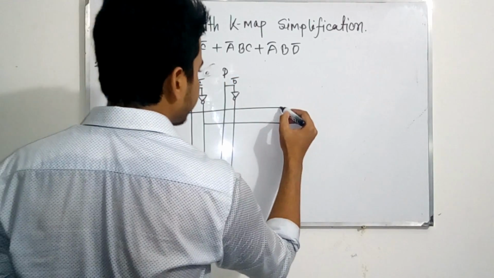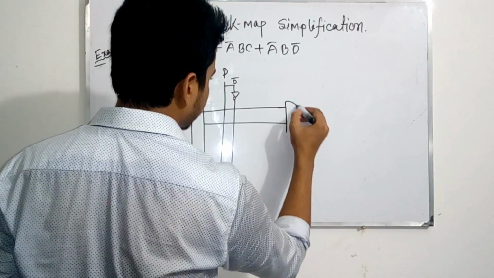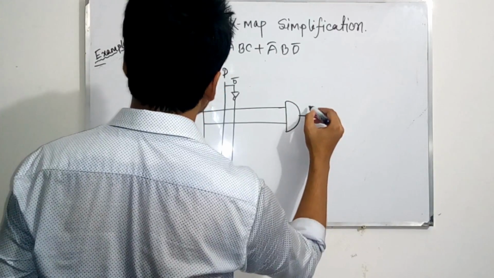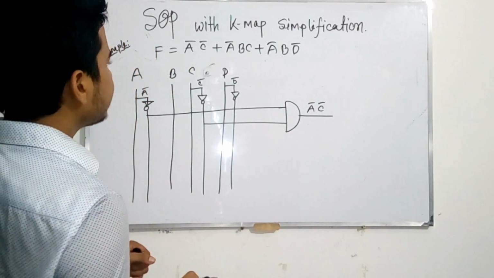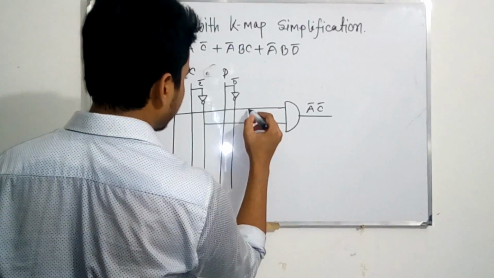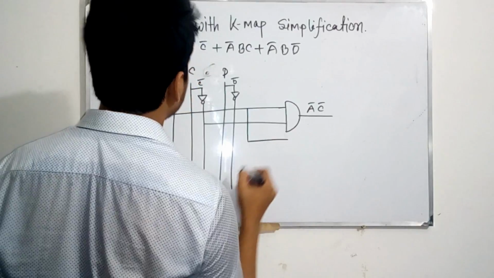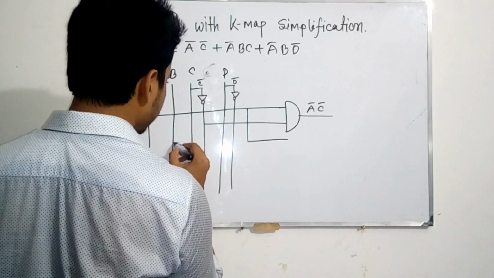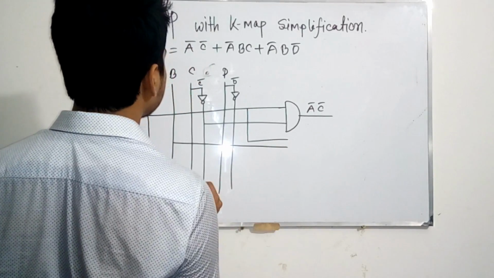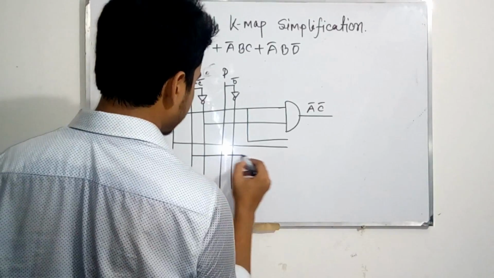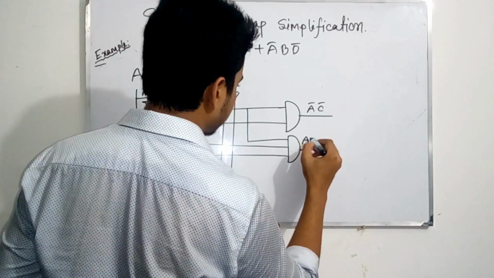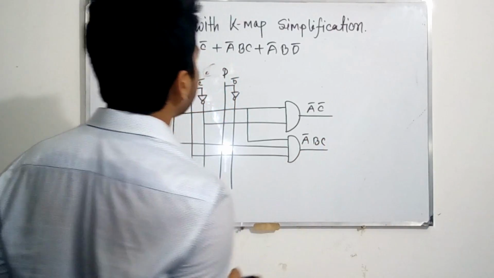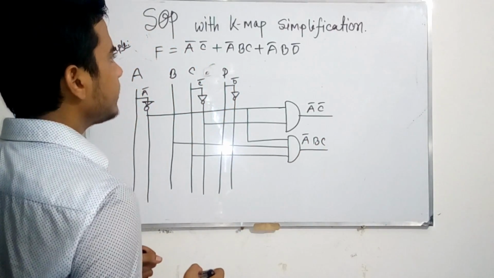Okay, we need an AND gate to connect these variables. So here is A naught C naught, then A naught B C. For A naught, we need B, we need C, another AND gate, A naught B C. We need A naught B D naught.